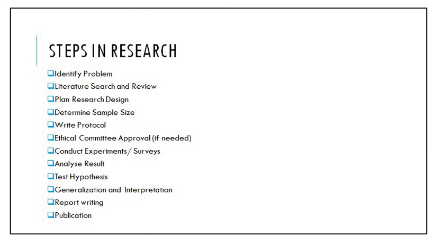Based on all these facts and figures, we write the report in the form of a thesis, dissertation, research paper, or research article. Then we go for publication of these documents for scientific review by the scientific community.